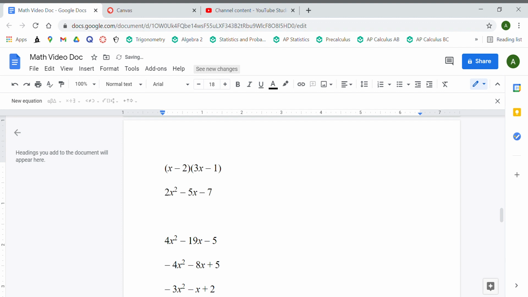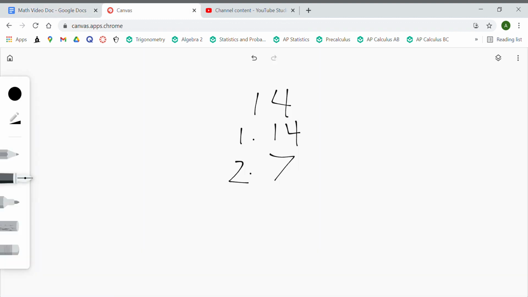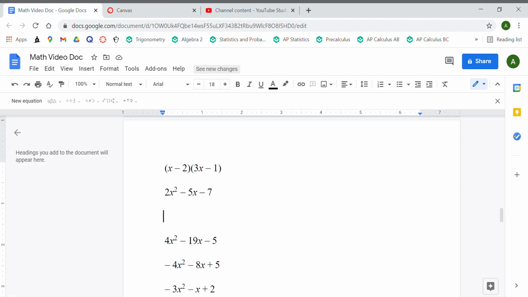Alright, so I believe that the larger factor must be negative, so 7 must be negative. And so the way we do it is (2x squared plus 2x), I need to put this in parentheses, plus (negative 7x minus 7).